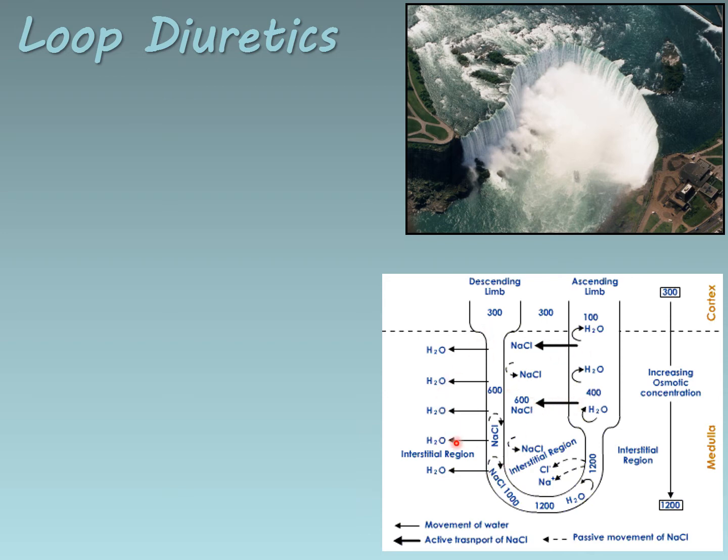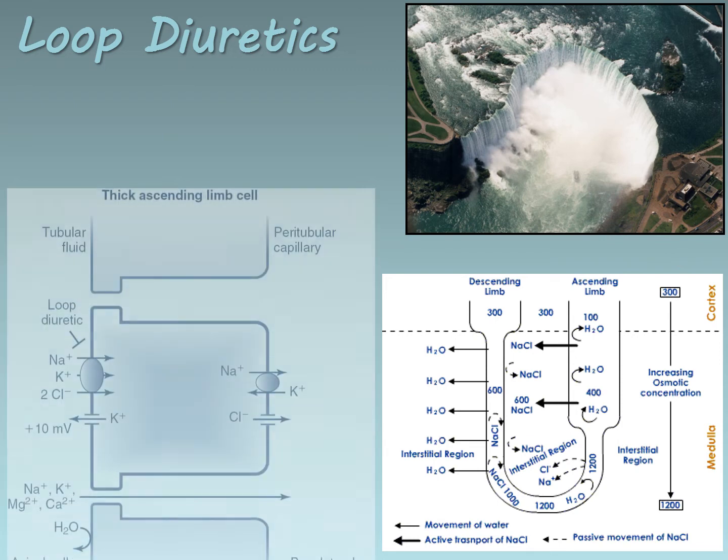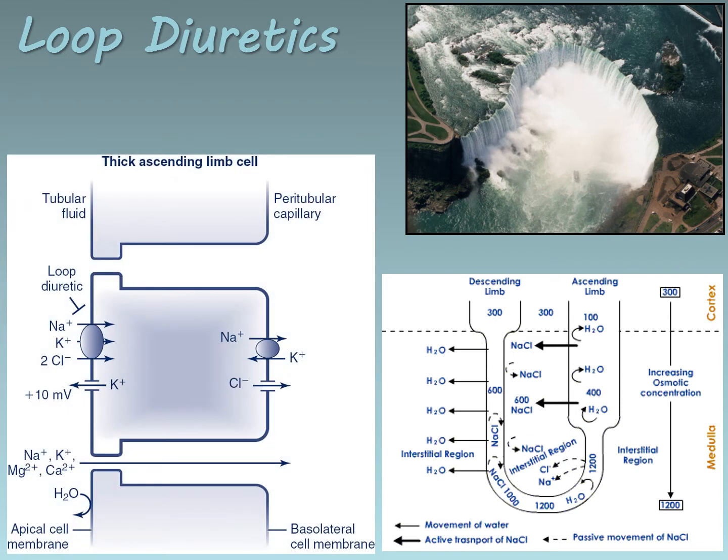Over here, very, very hard to control because this is a passive process. Over here, though, it's an active process, so that makes it inherently easier to control. By blocking the proteins that transport sodium, you now retain osmolarity inside the tubule, which means it's more likely to be excreted.